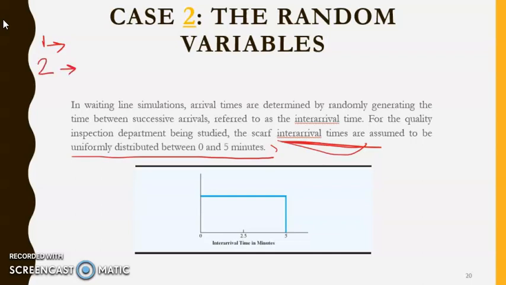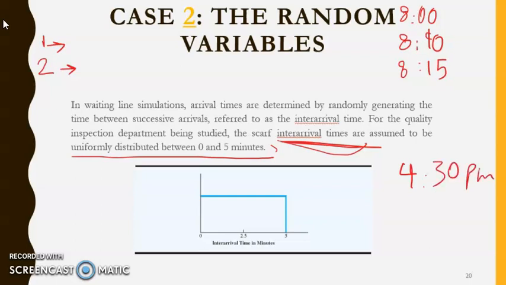For example, the first customer comes at 8 a.m., the second one comes at 8:10, the next one comes at, for example, 8:15, and it continues until, for example, 3:30 p.m. It needs an idea to be able to simulate this, because so far the simulations that we have had were about the part cost.